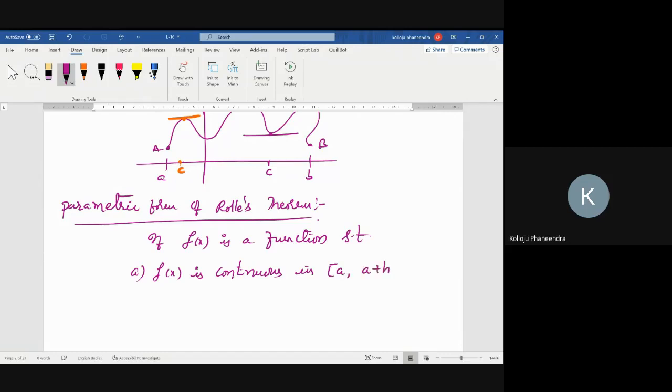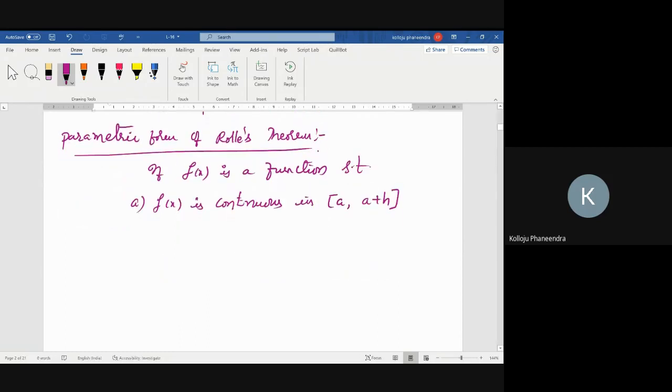In place of b, the value is taken as a plus h, meaning a neighboring point. For a, the neighboring point is a plus h. And second, f of x is derivable in the open interval a comma a plus h. In place of b, a plus h is there. And the third condition, f of a equal to f of a plus h.